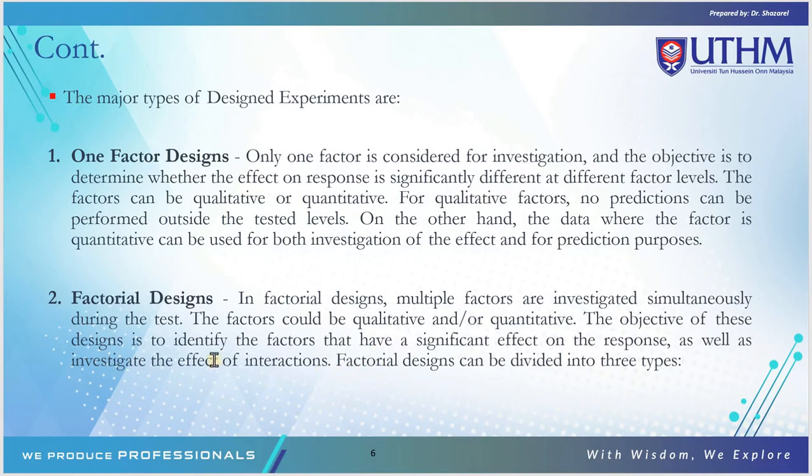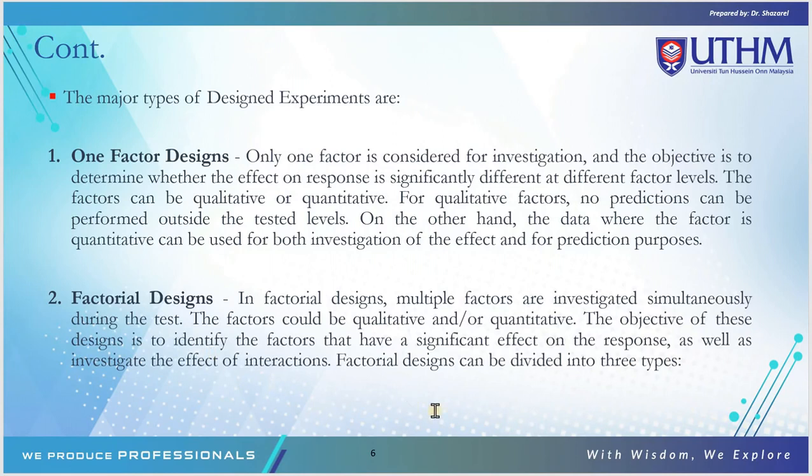For the purpose of the factorial design, we want to identify the factors that have a significant effect on the response. We have several factors, so we want to test which one gives an effect on the response of the observed data of the process. And then we also want to investigate the effect of the interaction between the multiple factors.